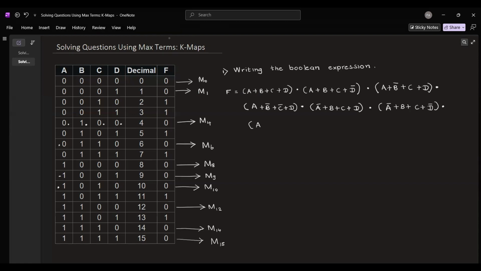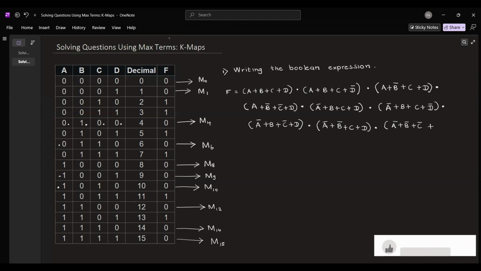So that will be A bar plus B plus C bar plus D. Then we have M12, that goes A bar plus B bar plus C plus D. And then we have M14, A bar plus B bar plus C bar plus D. And the final term, M15, that goes A bar plus B bar plus C bar plus D bar.